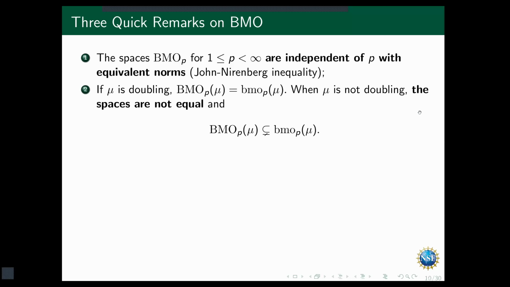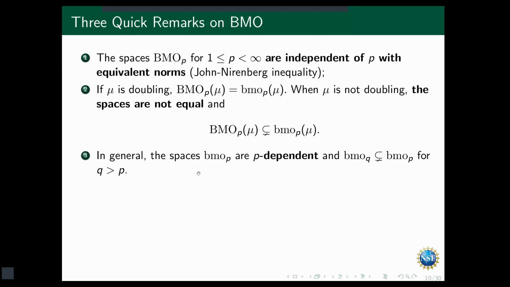Okay? The same is not true for the little BMO spaces. Those depend on p, and in fact, when mu is not doubling, there's a strict containment of big BMO in this little bmo. Okay? If mu is doubling, then all the spaces coincide, so it's not very interesting.